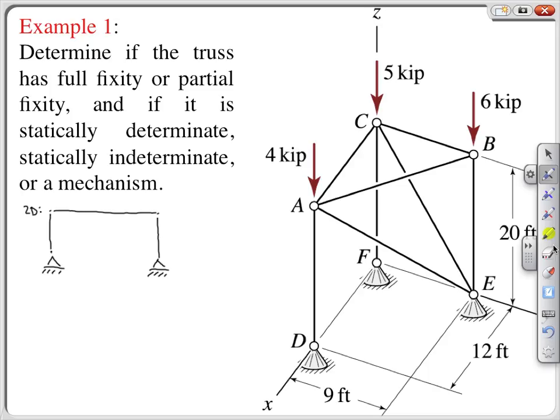In this case, it's going to be possible for this to assume a shape like this very easily. So this whole thing can move like this and is not stable.